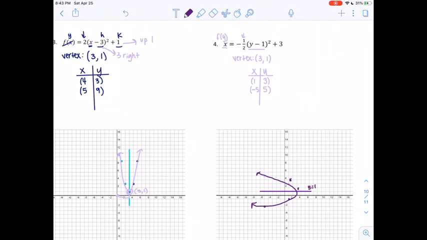Some of them use different methods, still using vertex form, but explain it slightly differently. You might like that method better. All in all, if you get stuck, you could always just use plug and chug, pick values of x, find a y, and then plot your points. We're going to talk a little bit more about parabolas next lesson, but this is your first introduction to really graphing these accurately.